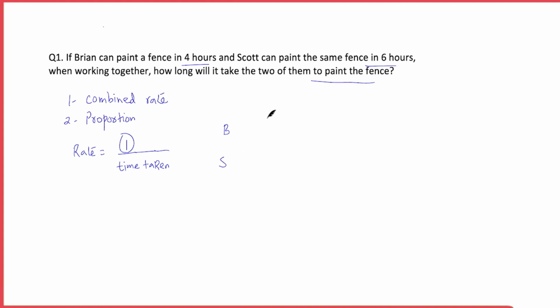So what are their rates? Sorry for this line, I'm really bad with straight lines. So the rates are, Brian can paint a fence in 4 hours. So this is 1/4, and Scott can paint the same fence in 6 hours. So this is 1/6. The rate of Brian is 1/4 and the rate of Scott is 1/6.